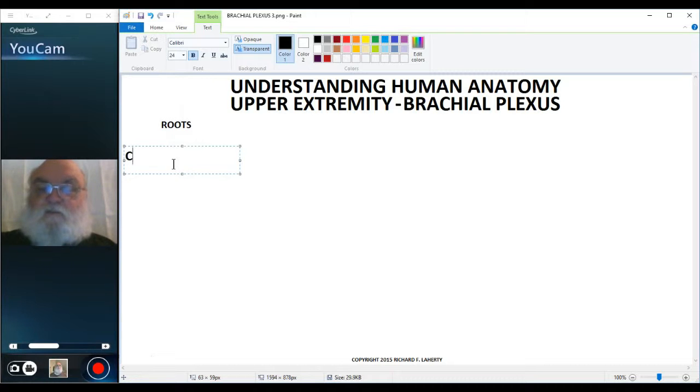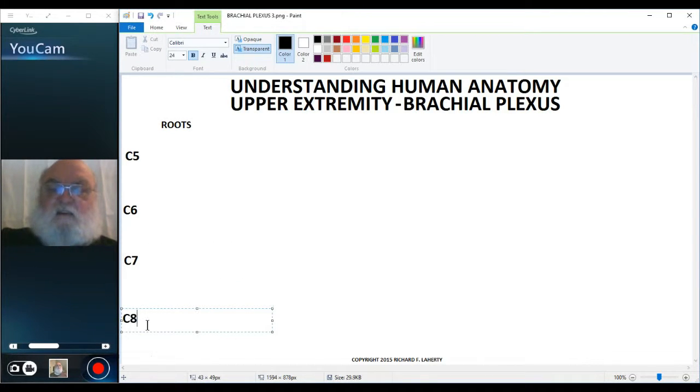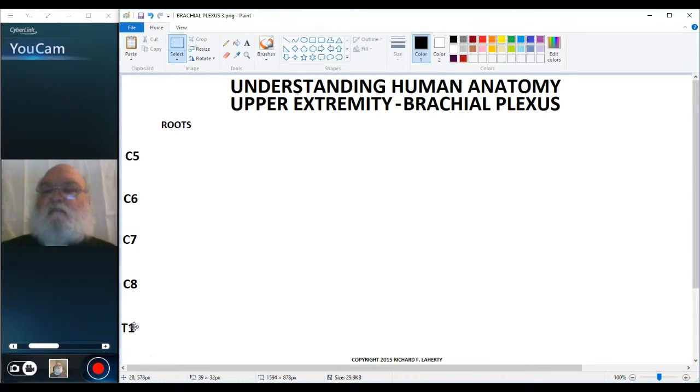So we have C5, C6, C7, C8, T1. So we have these 5 roots.